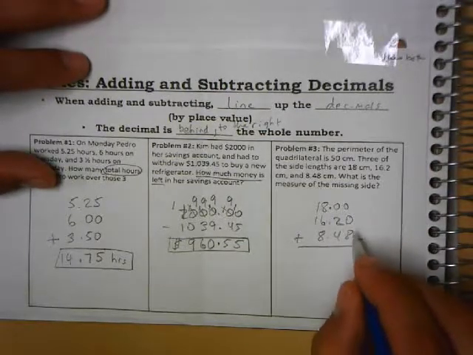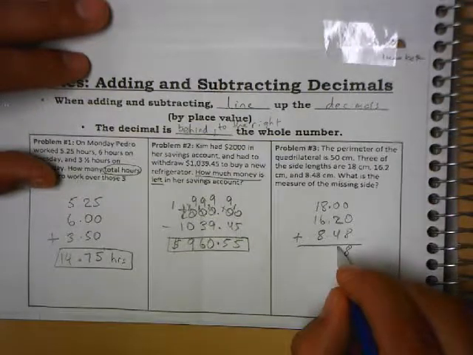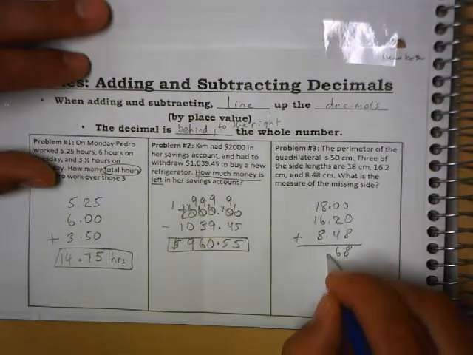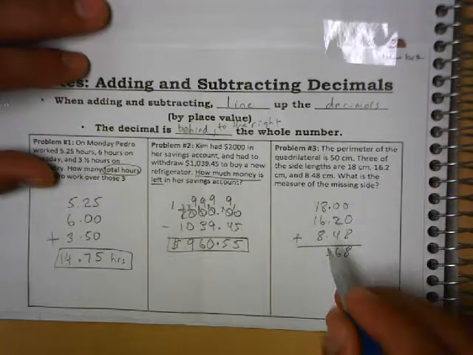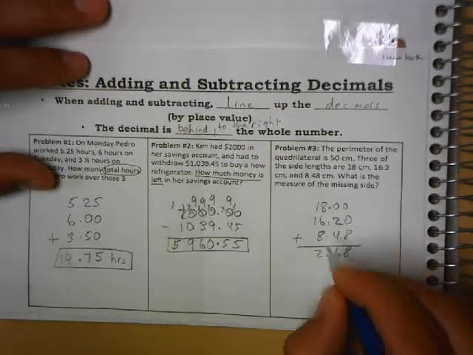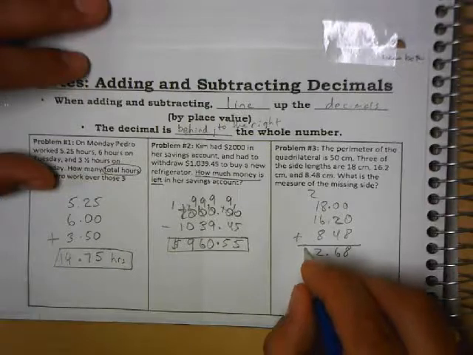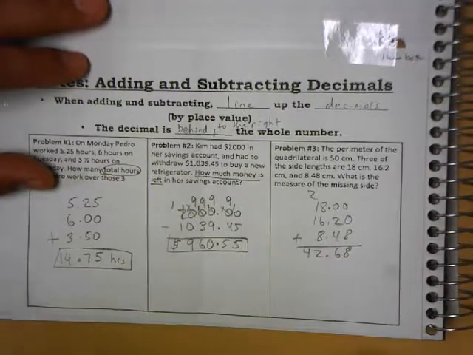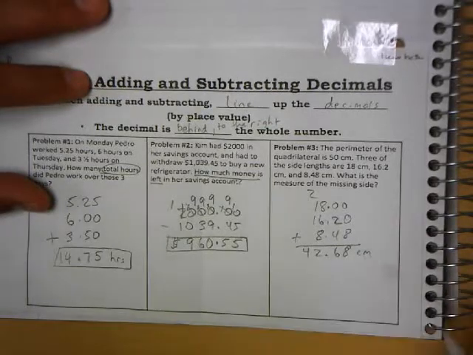Now we're going to add these lengths. 6/10. 8 and 8 is 16. 16 and 6 is 22. 42 and 68/100 centimeters.